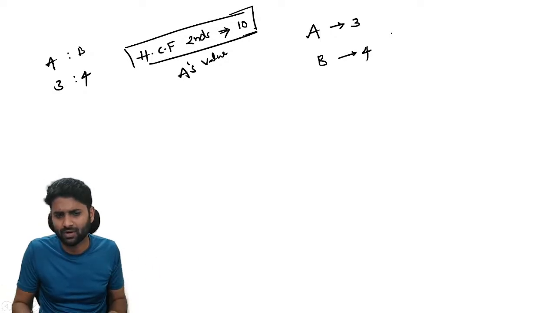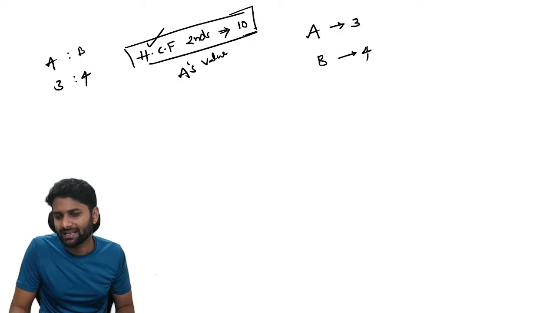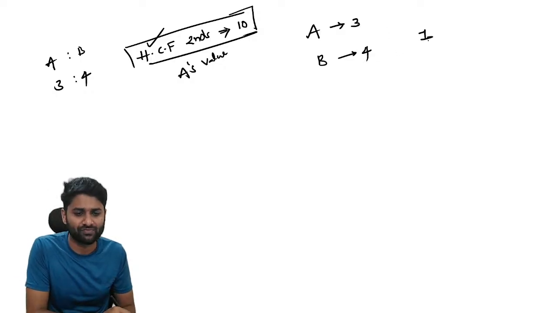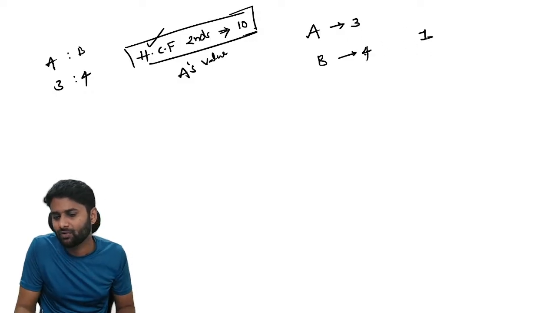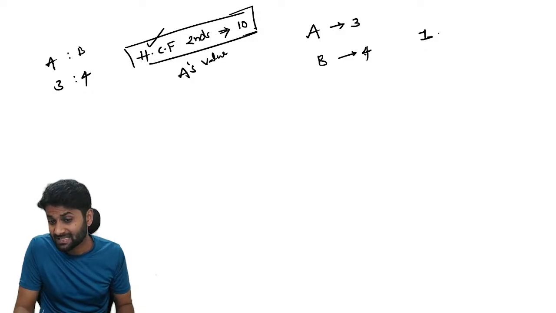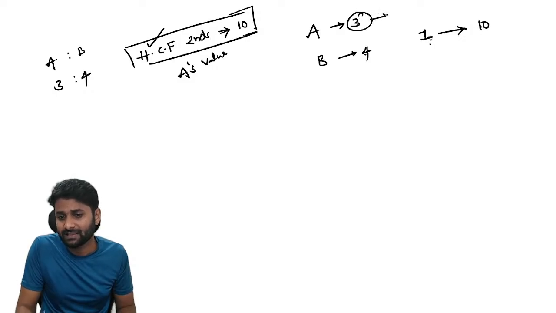If you assume these two are exact numbers, the highest common factor, HCF of 3 and 4 is 1. So if you assume these two numbers are correct, then your HCF must be 1. But instead of 1, in the given question they gave 10 units. If 1 unit is 10, then 3 units is 30 and 4 units is 40.